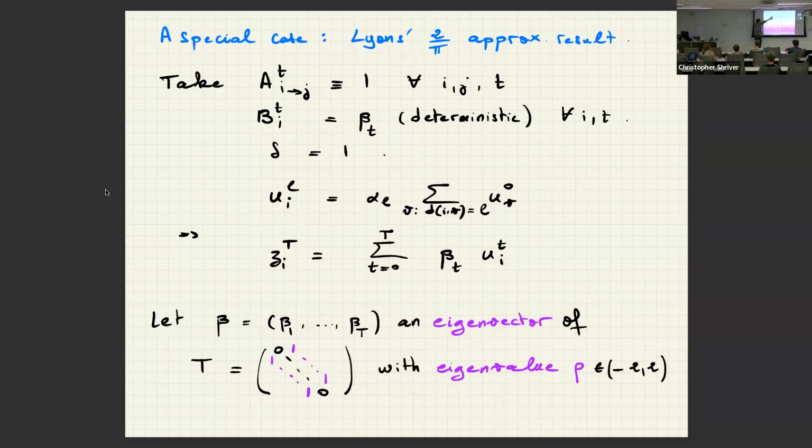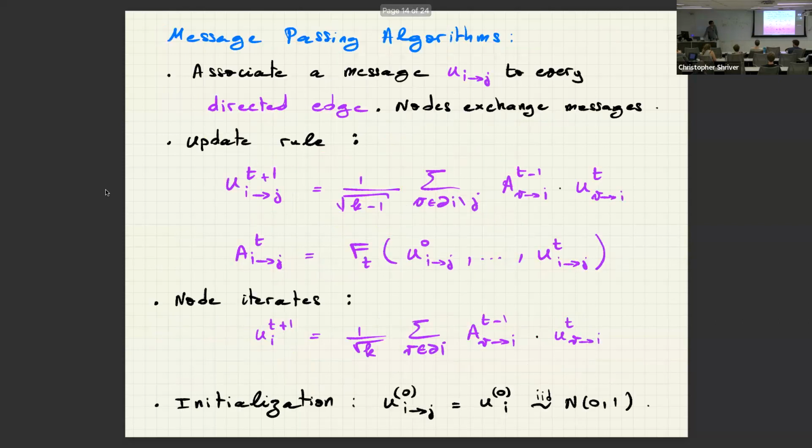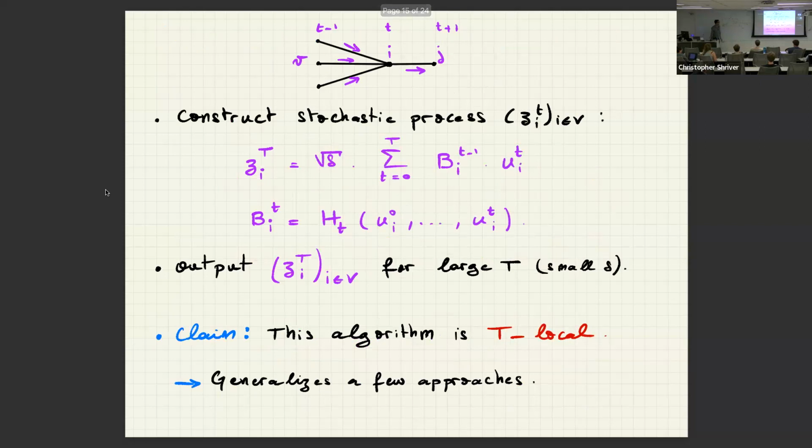So my a's, let me go back. Here, it's just simple. This a is just 1. You just look at the messages and sum them. You don't multiply by anything. This function is trivial here as well. And then this function h will be chosen in a very simple way.